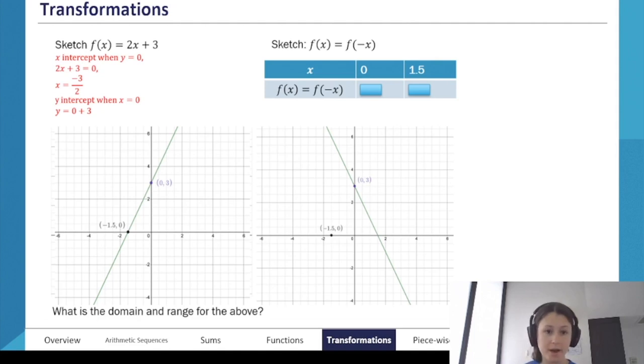Our y-intercept is always going to be the plus c value on the end, and our x-intercept is going to occur when y equals 0. So we're going to let y equal 0, and then rearrange our equation to isolate x.